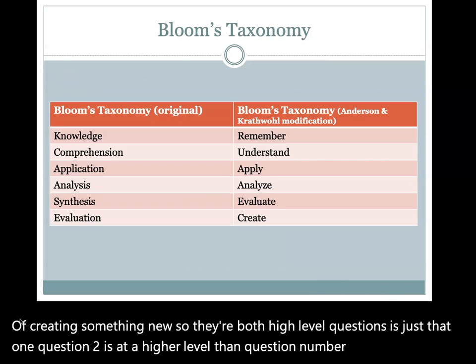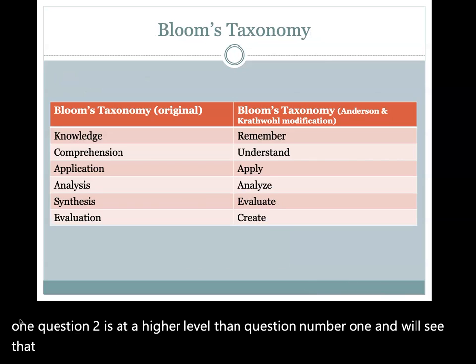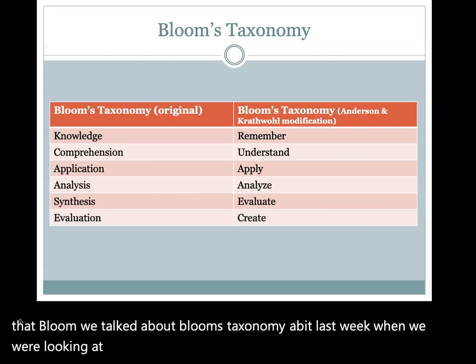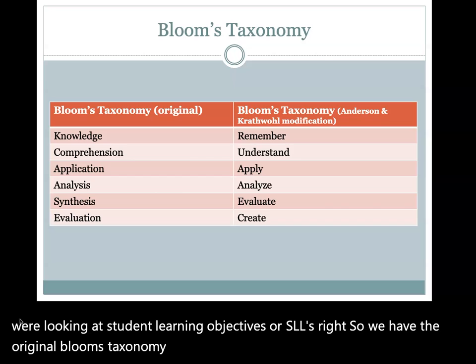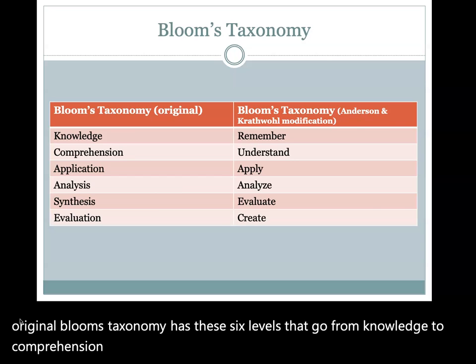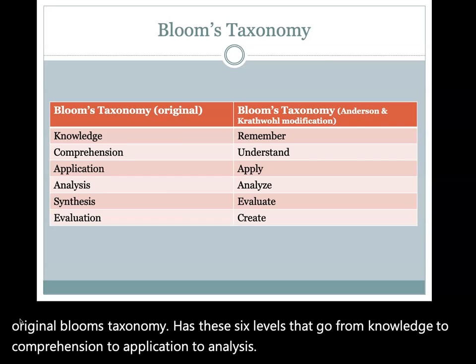And we talked about Bloom's taxonomy a bit last week when we were looking at student learning objectives, or SLOs. The original Bloom's taxonomy has these 6 levels that go from knowledge to comprehension to application to analysis, synthesis, and evaluation.